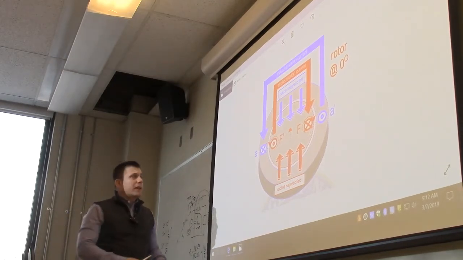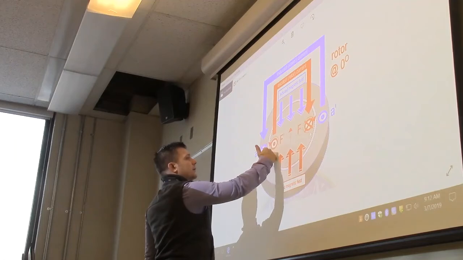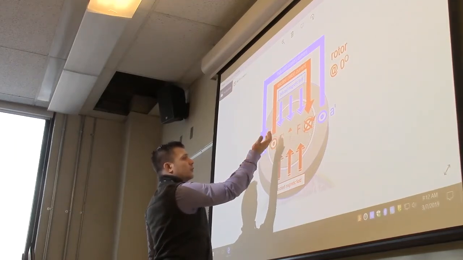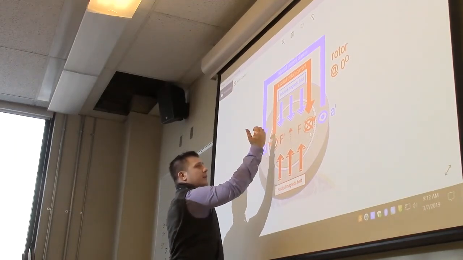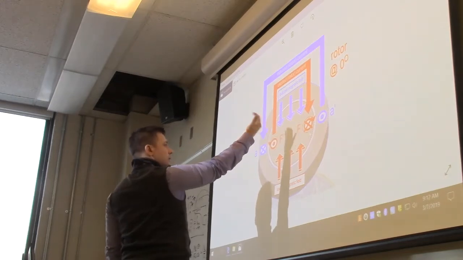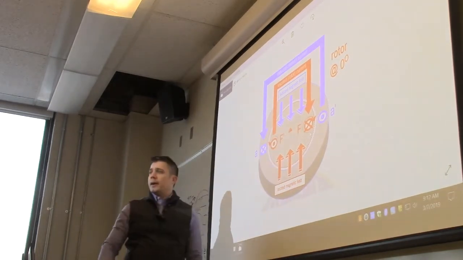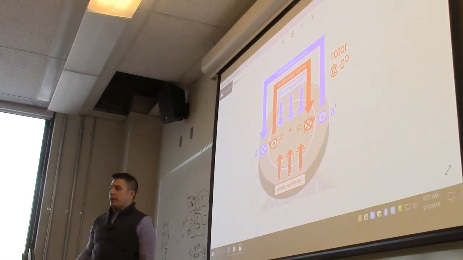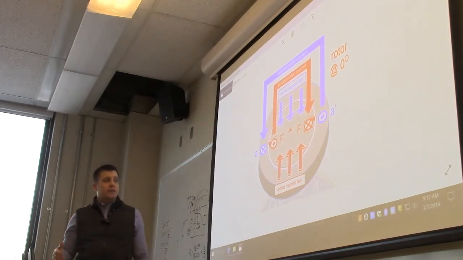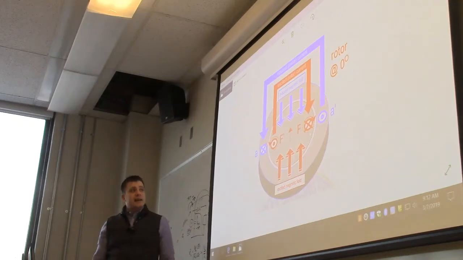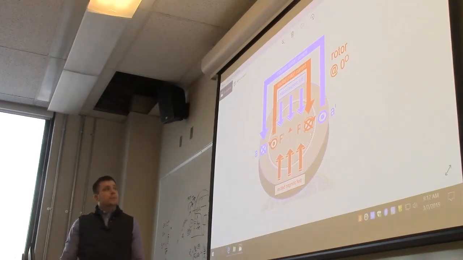If you look at that using the right hand rule, so this is my thumb, the wire would be here, which would generate a magnetic field flowing in that direction, which is shown by the big red arrows. So that's the excited magnetic field.